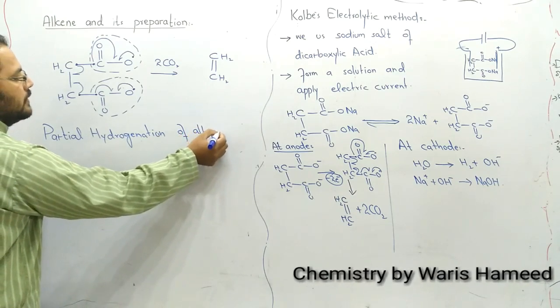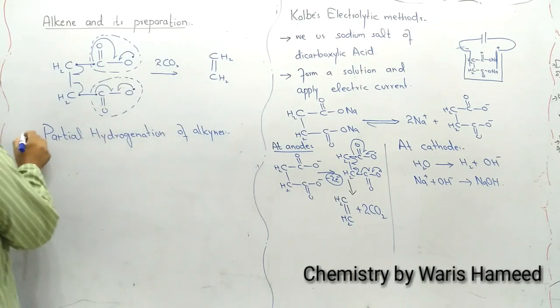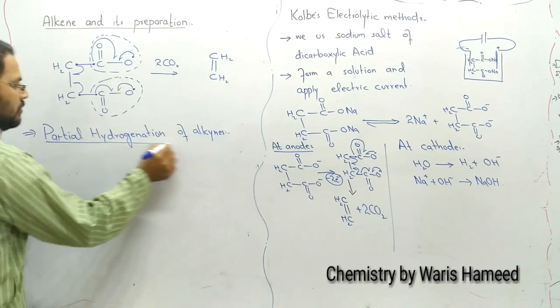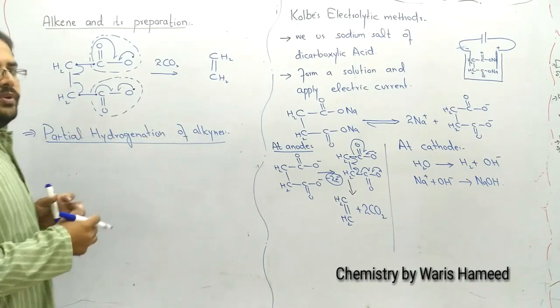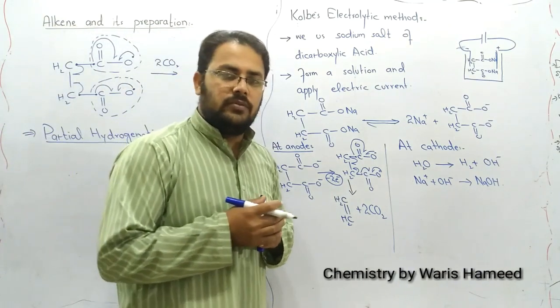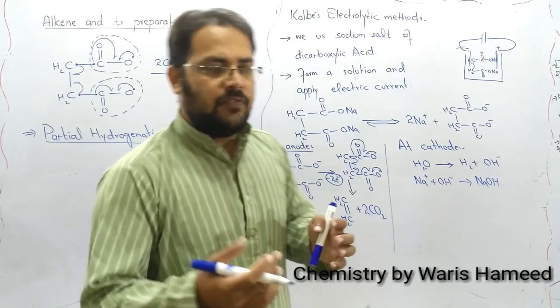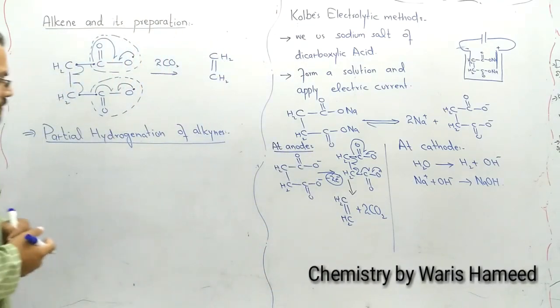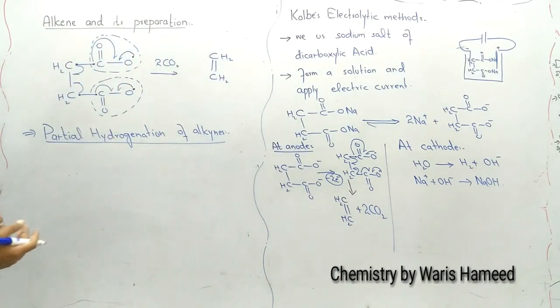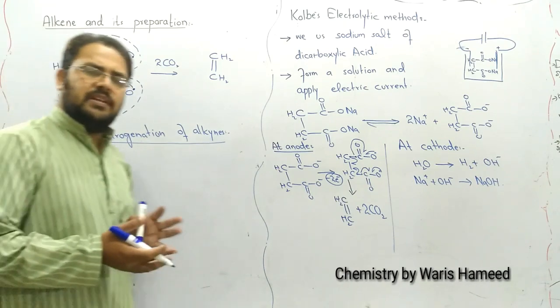We know that alkynes have a triple bond, and when we add a hydrogen molecule to an alkyne, it will convert into a double bond and form an alkene. This process is done in the presence of platinum or nickel.